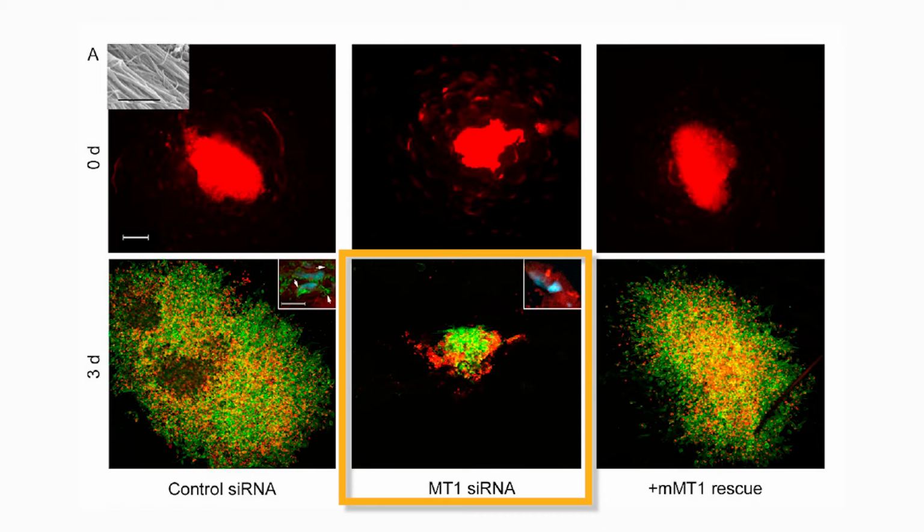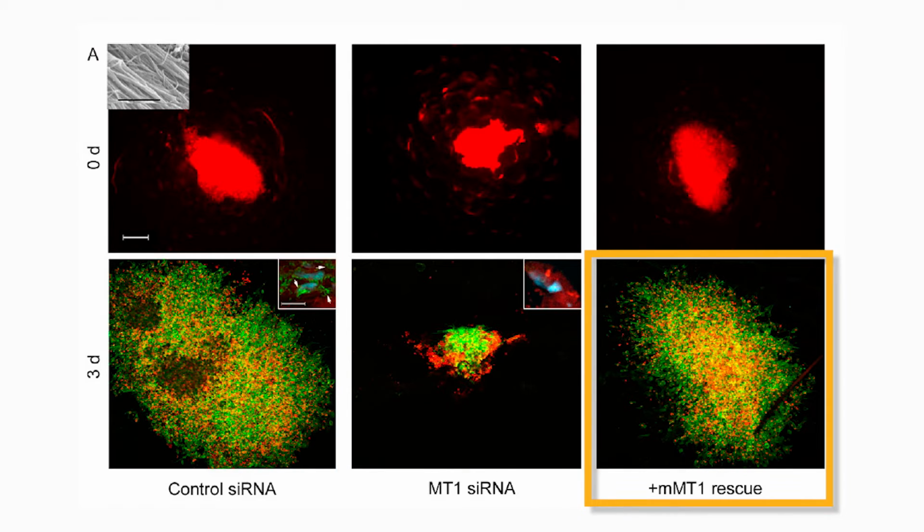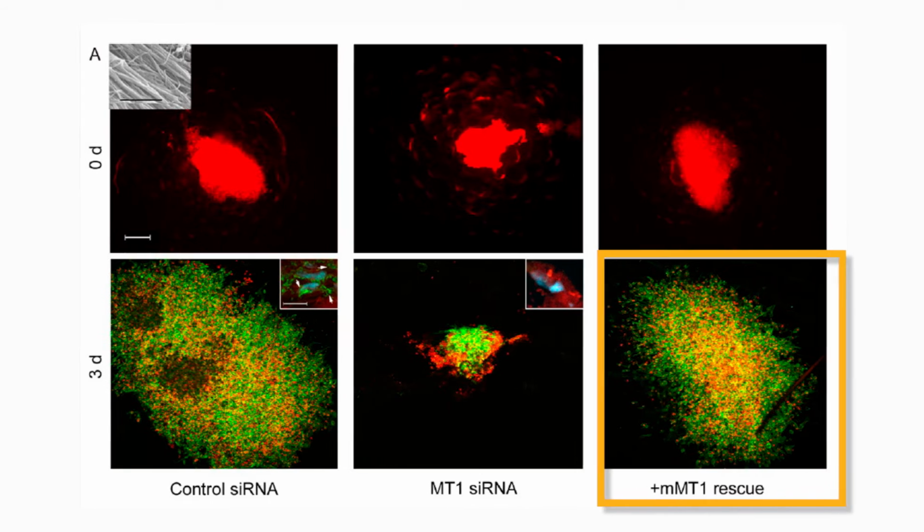So if they can knock those MT1s down, then there's less migration of those cells. Again, after 3 days, they also showed that if they knock it down and then reintroduce the expression of those MT1s, and allow the cancer cells to rebuild more of those MT1s, then the cancer cells are allowed to progress outwards.